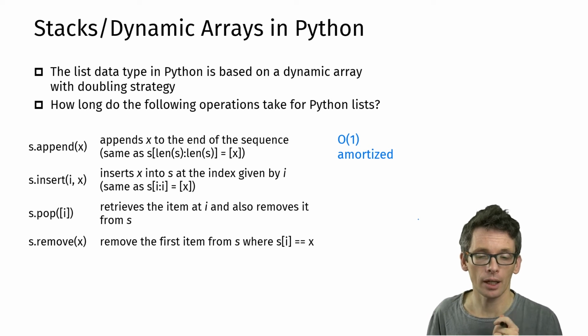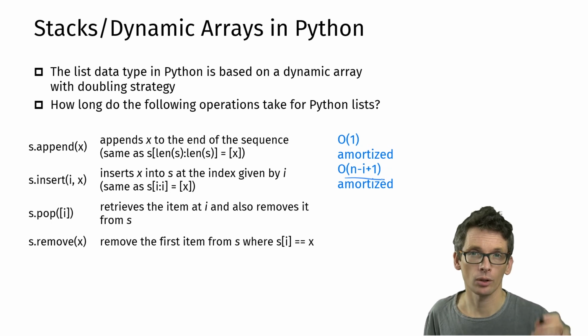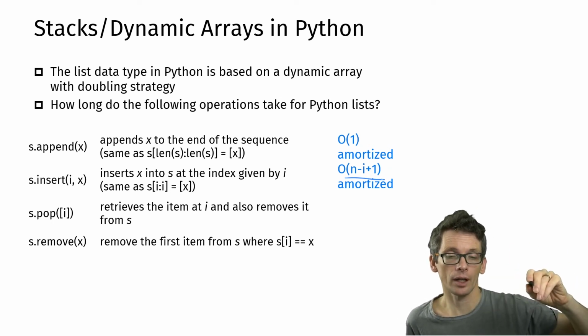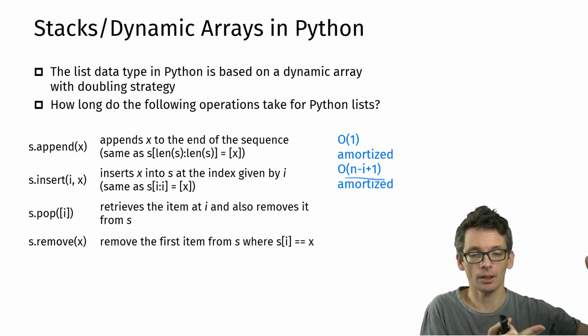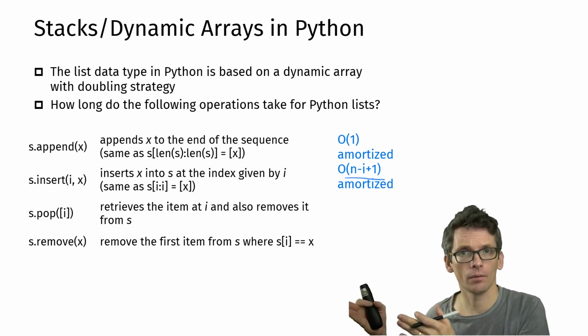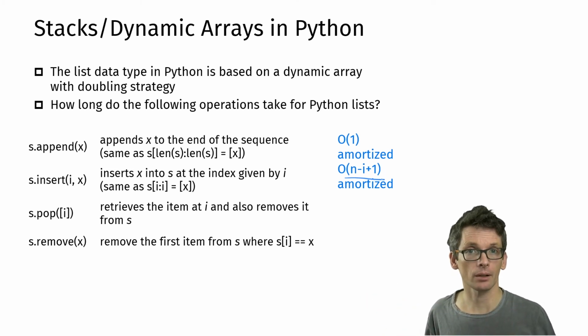The amortized cost of this is n minus i plus 1. So if we are very much at the end of the array, then we don't have to copy that many elements. If we're at the very end, it's like an append, so then it's constant time. But if we do it somewhere very early in the array, then the insert is much more expensive than the append.